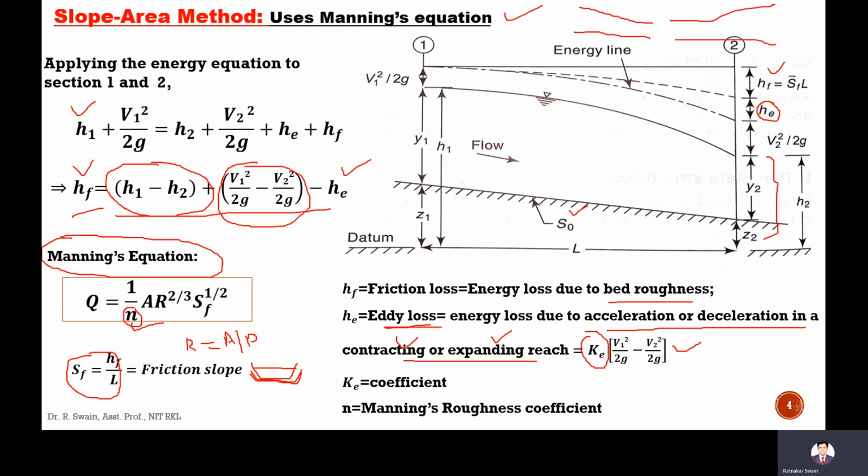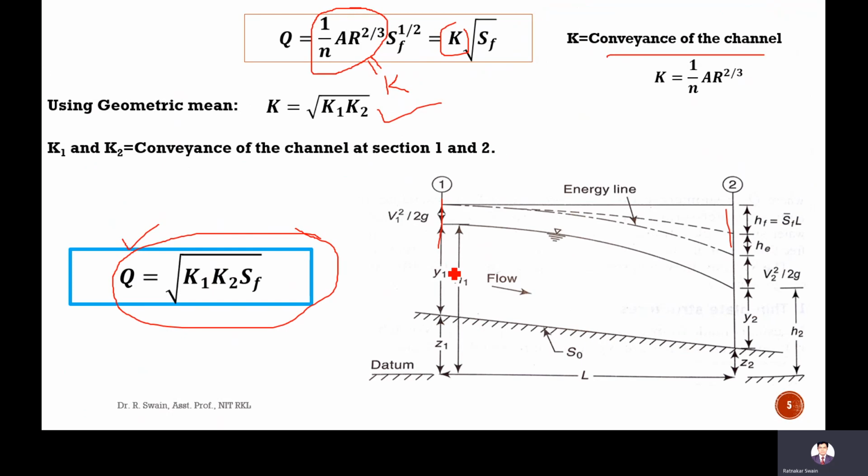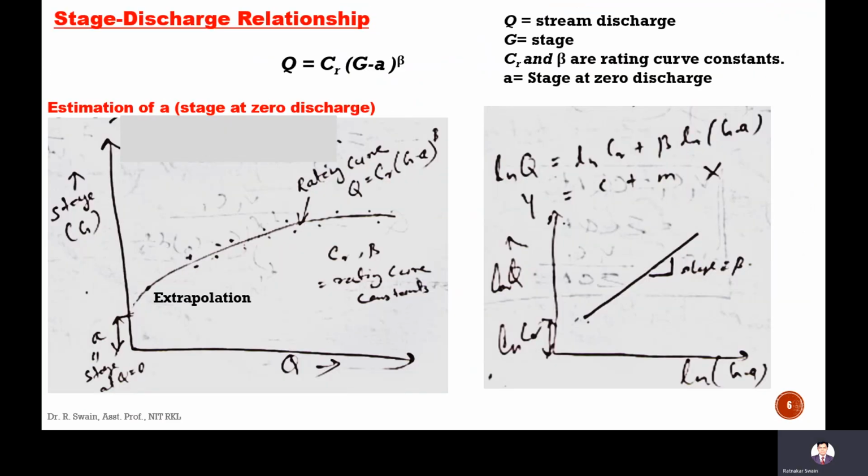I just discussed this, although it is not in your syllabus. Next is the stage discharge relationship. Once discharge is measured and the corresponding stage is known, we can plot the stage and discharge in a graph.